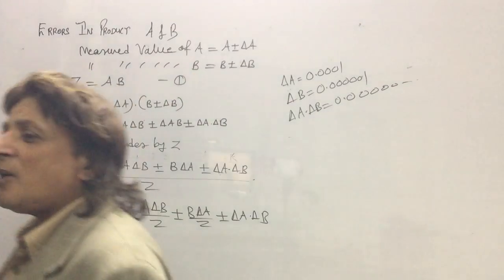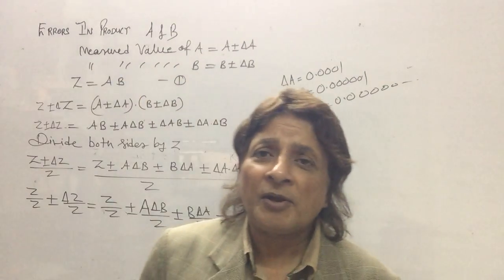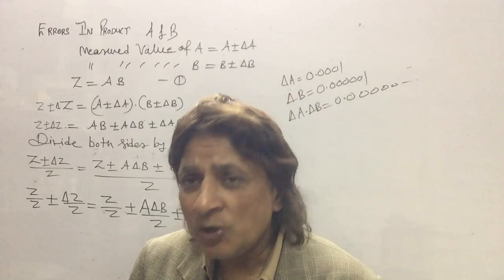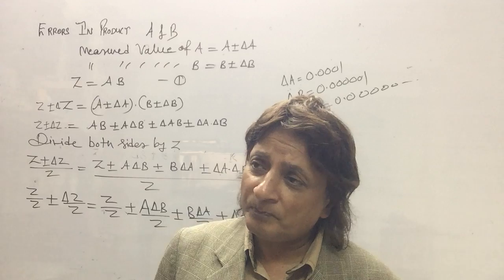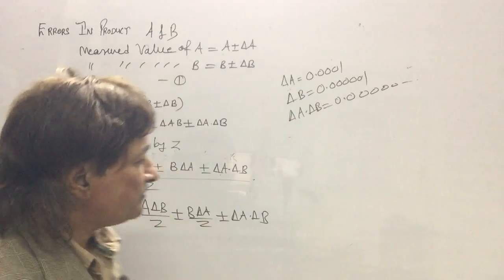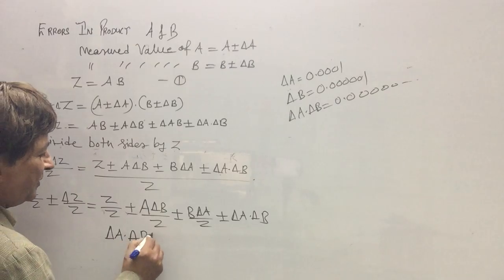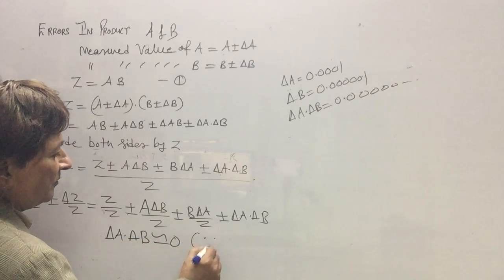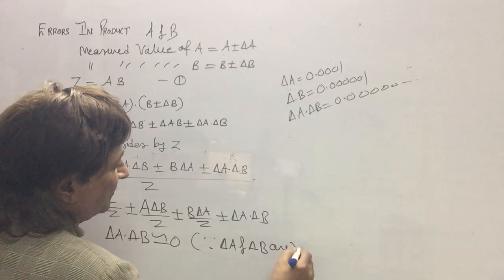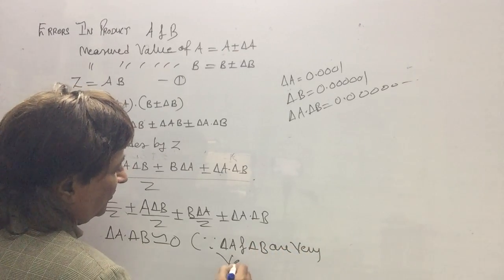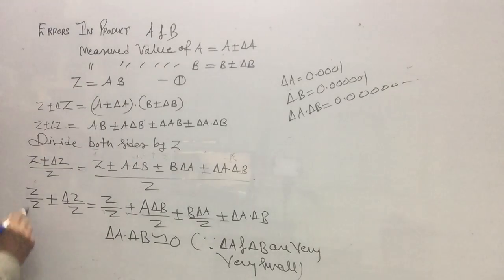Delta A, delta B are very, very small. Therefore, their product is further small. So, delta A into delta B is nearly equal to 0 because delta A and delta B are very, very small. Now this cancels.